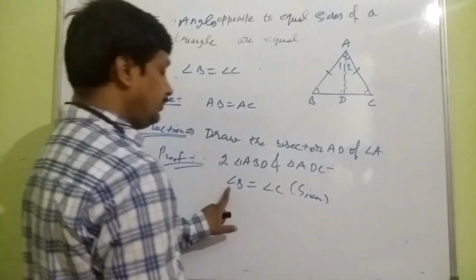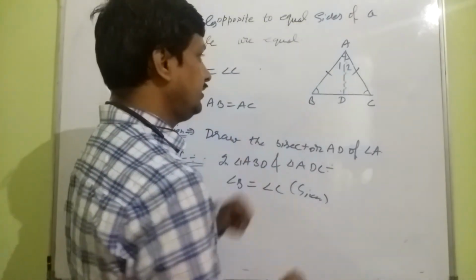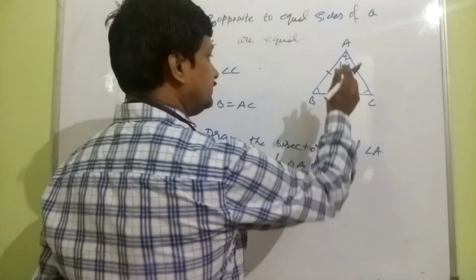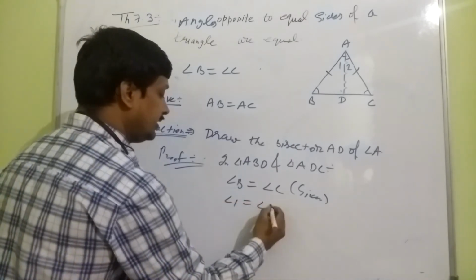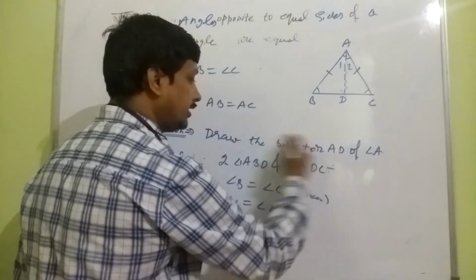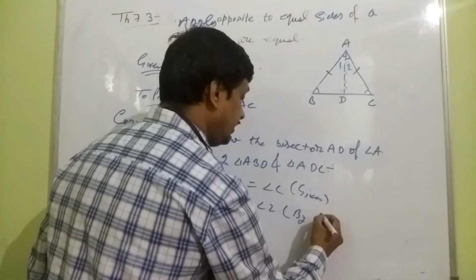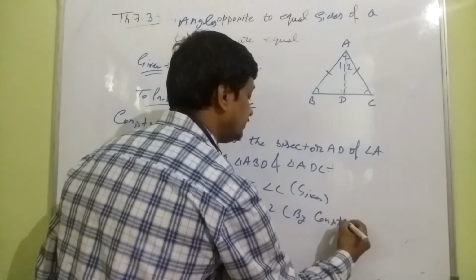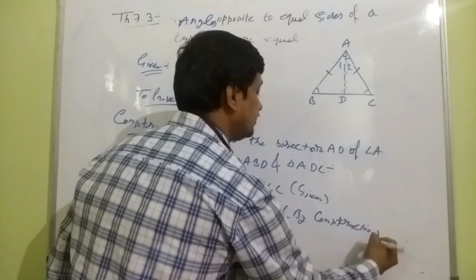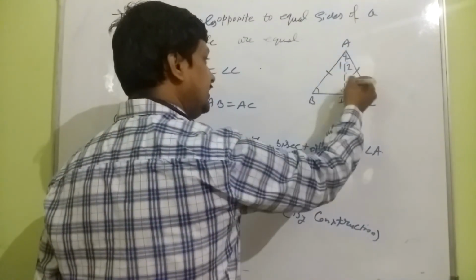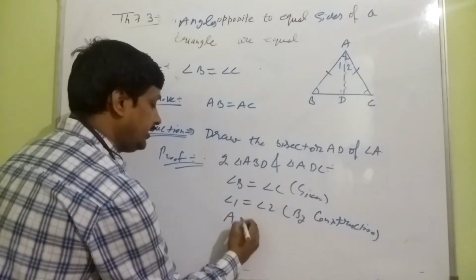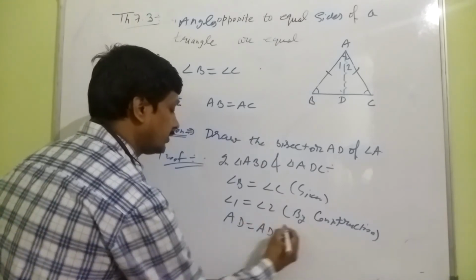Second, angle 1 equals angle 2, by construction, because we have drawn the bisector. The third thing is AD, which is in both the triangles. So AD equals AD, common.